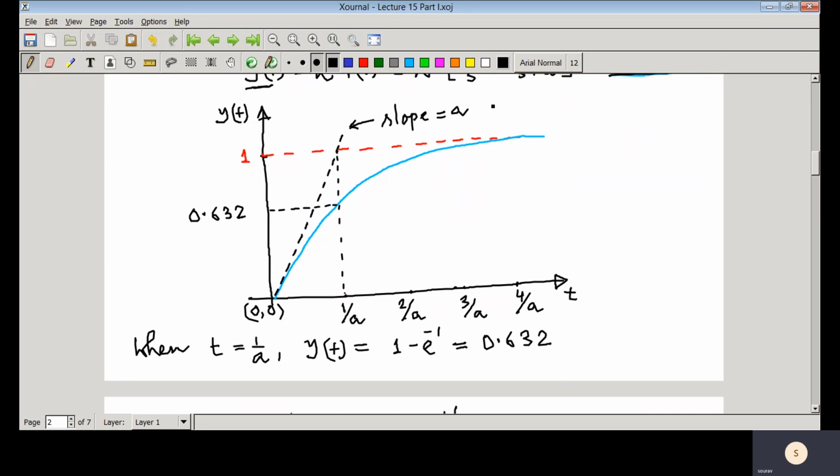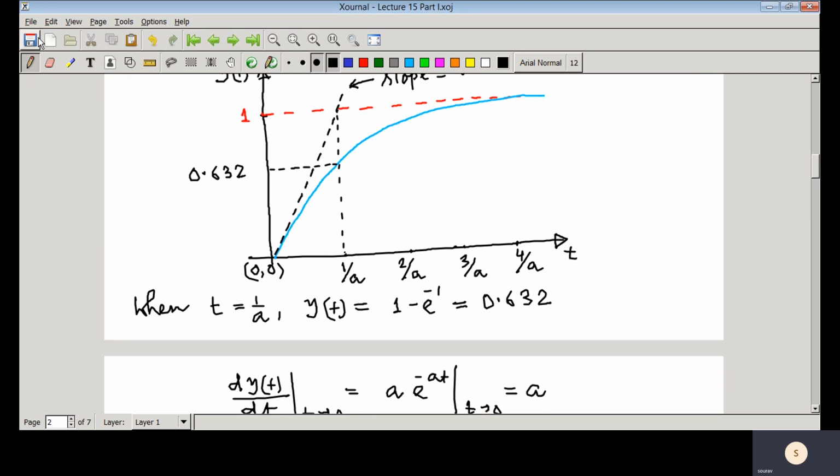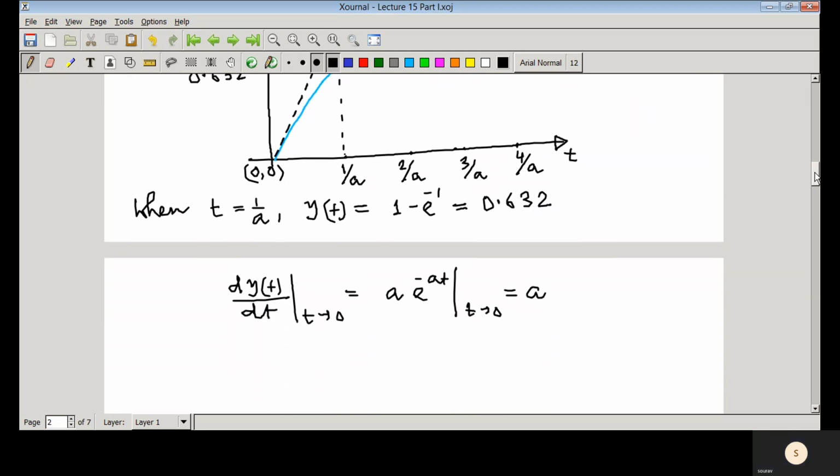So now we can give some definitions to characterize the response of a first order system. The first one is the time constant. Basically the first order time response is characterized in terms of the time constant.